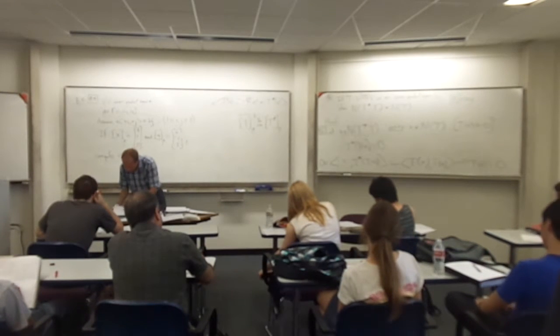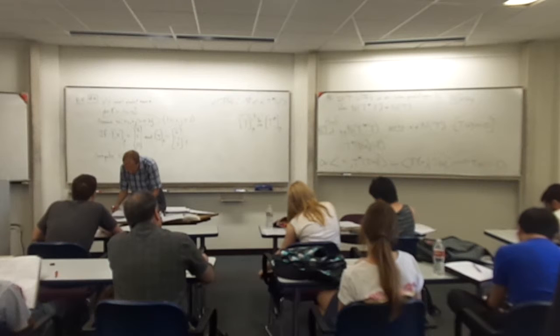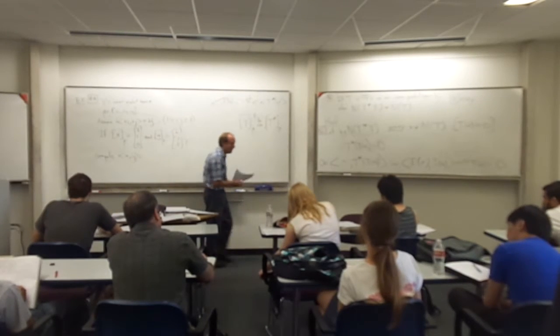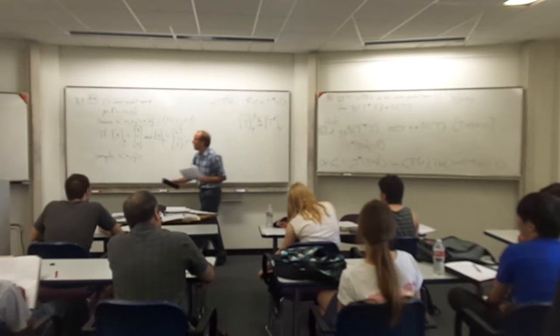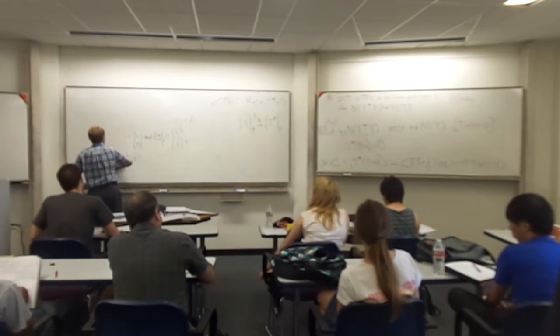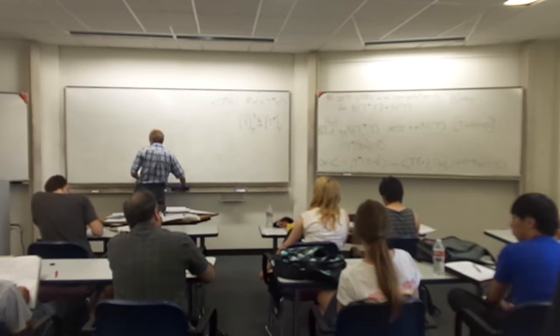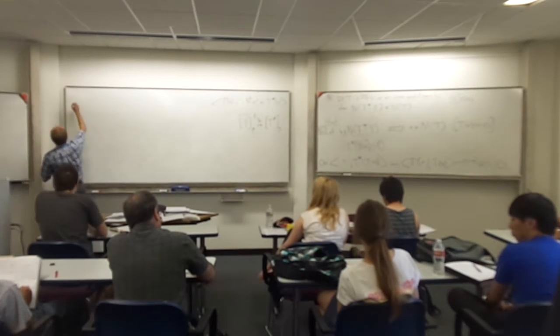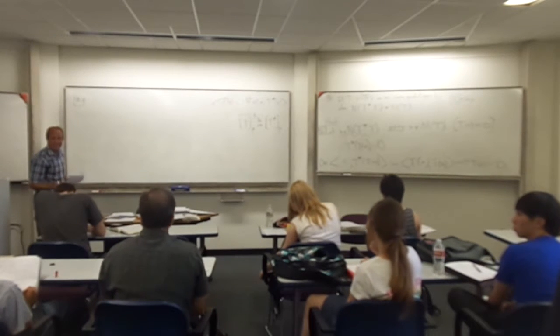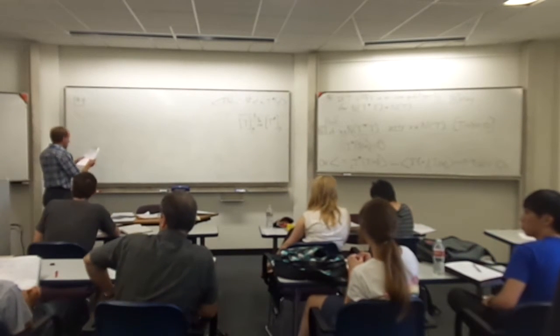Okay, let's try another one. I'm going to do maybe one more thing here, and then I do want to move on to some of the other material and review that as well. So I'm going to go backwards again in the review sheet. Let's look at number 7 on the review. Here's what it says.